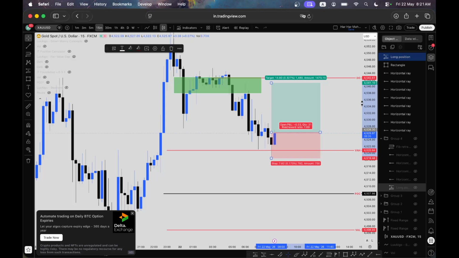So act according to the demand of the market, not according to what you wanted to sell. So if this is going downtrend, I could have sold easily.